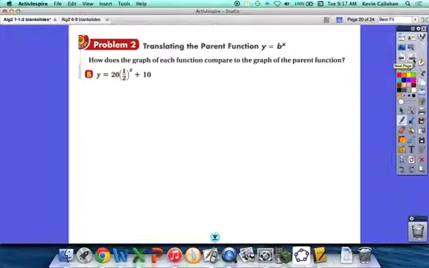Okay, let's see. Now we got a few more things going on. First, what kind of function is this, growth or decay? Decay because that's a 1/2, right? So this is decay. And what would that make the parent function?